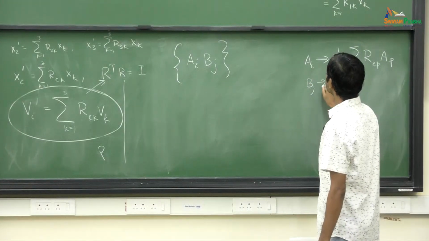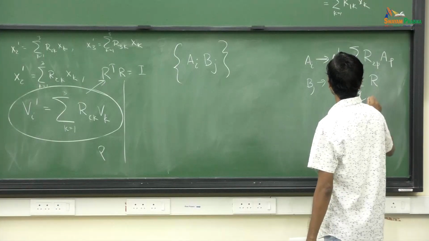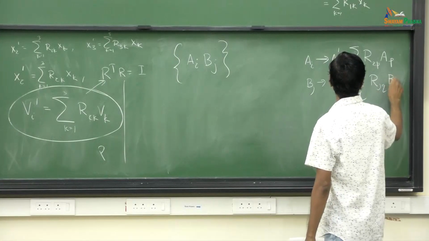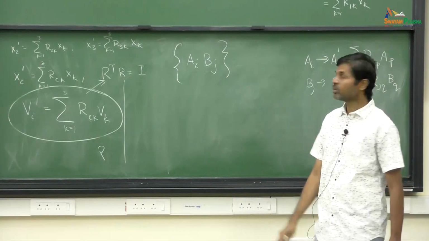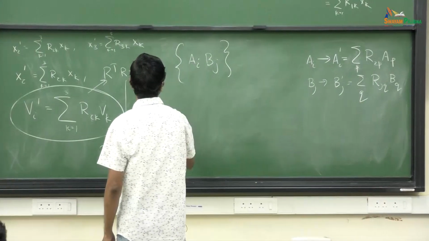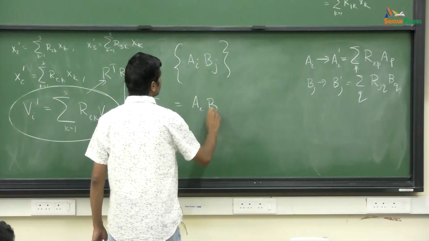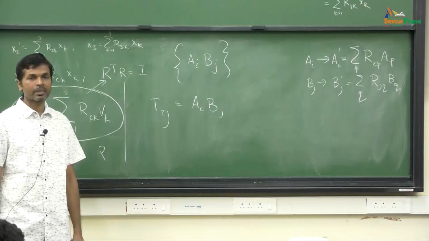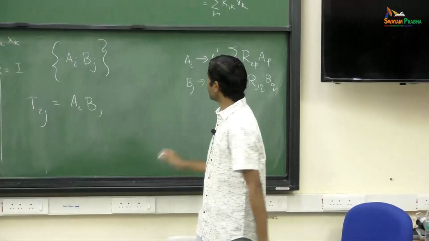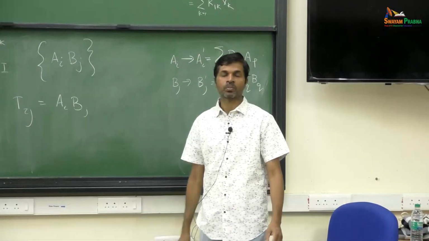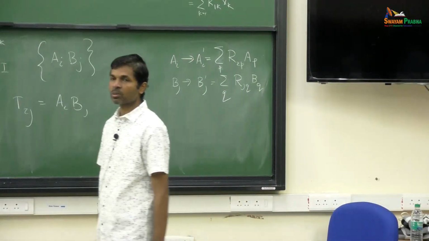Bj goes to Bj prime, which is sum over Q of Rjq Bq. Now suppose I call this some Tij, okay. Tij is equal to Ai Bj. So there are 9 such quantities. Now if you make a rotation, they will not transform this way, okay. The transformation is more complicated, but it is still a nice transformation rule, okay.